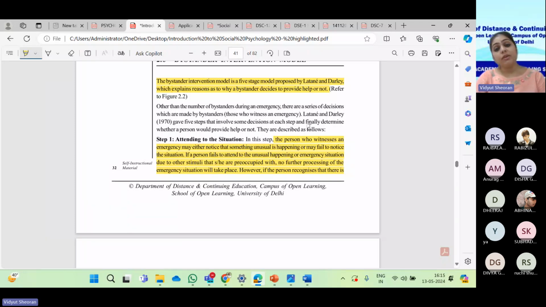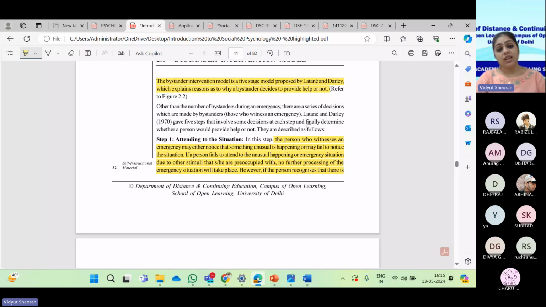If a person fails to attend to the unusual happening or emergency situation due to other stimuli that he or she is preoccupied with, no further processing of the emergency situation will take place. A person can help others only when he has the time to help.